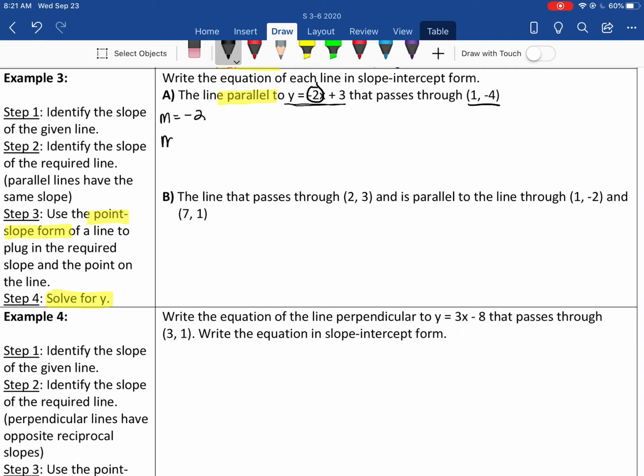So our given slope is negative 2. And then our parallel slope, remember, is the same. So our new slope is going to be negative 2. Once we have our slope, we can ignore this line. The only thing you're going to get out of your given line is your slope.